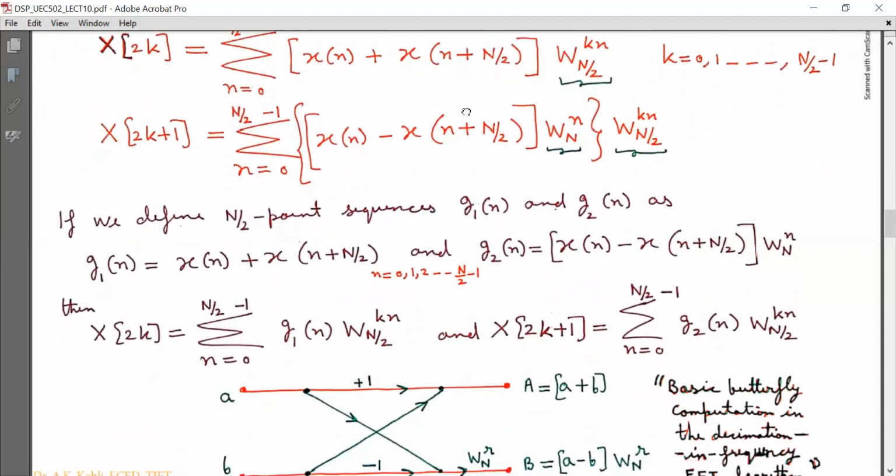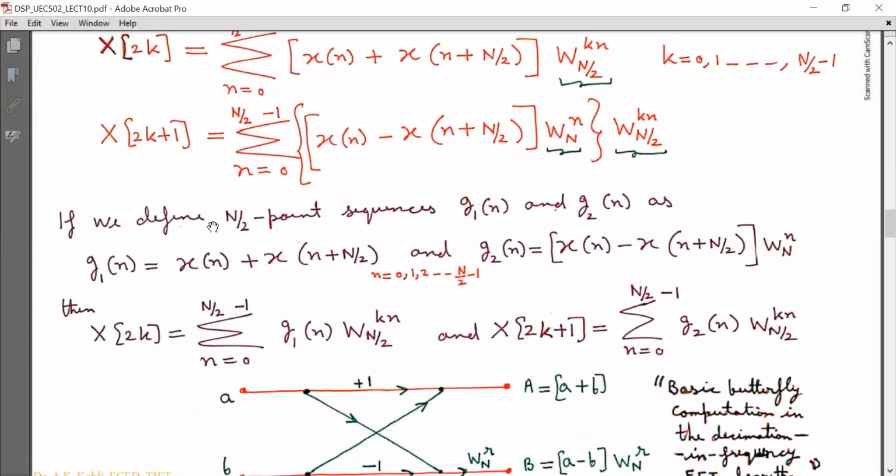Now, here, if we define N by 2 point sequences G1n and G2n as G1n is equal to xn plus x n plus N by 2 and G2n is equal to xn minus x n plus N by 2, bracket closed, W raised to power n with base N, then I can express X2k as summation n running from 0 to N by 2 minus 1 G1n W raised to power kn with base N by 2, and X2k plus 1 is equal to summation n running from 0 to N by 2 minus 1 G2n into W raised to power kn with base N by 2, where n is ranging from 0 to N by 2 minus 1.